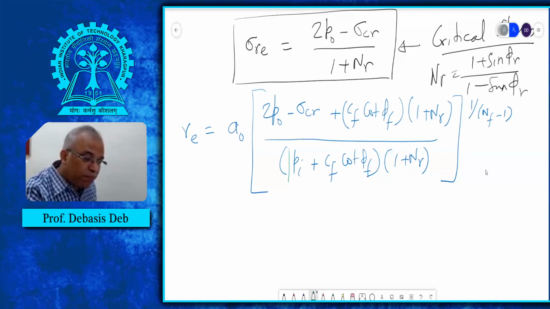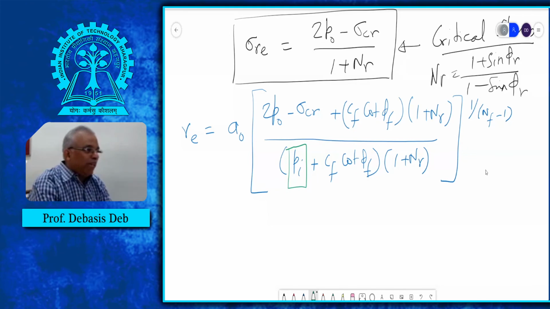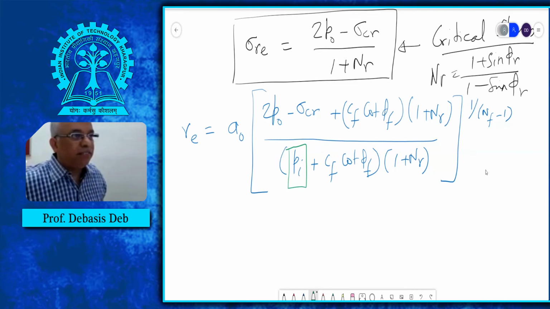See, first of all, Pi is sitting right in the denominator. So if you increase Pi, that means the support pressure, what happens to Re? It reduces, right?